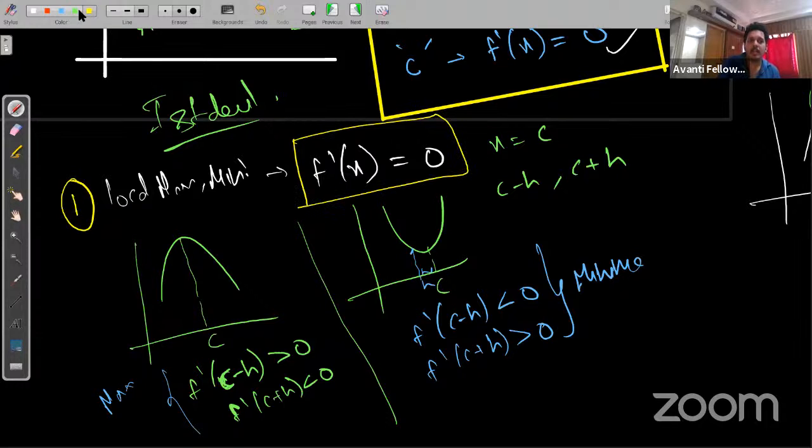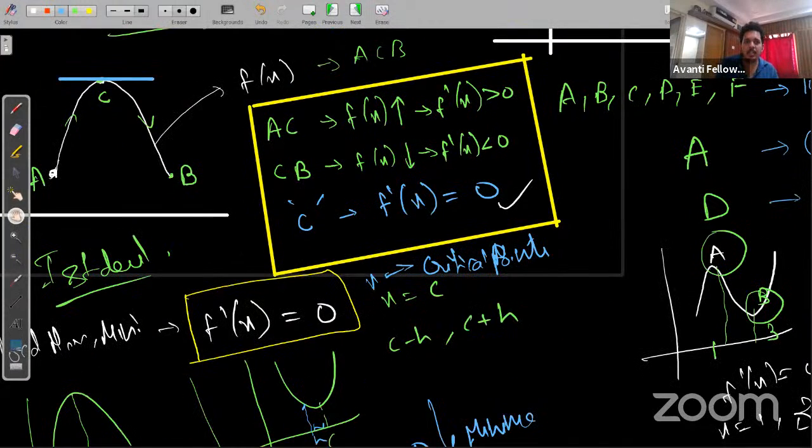Then you will get x equal to something, and those are called critical points. Local maximum and local minimum together are at critical points only.